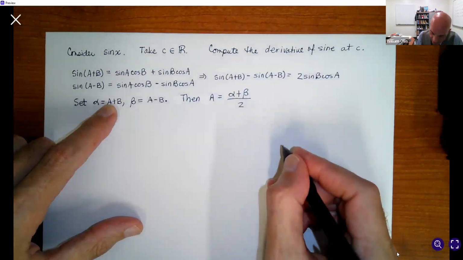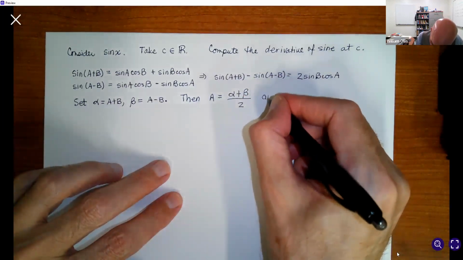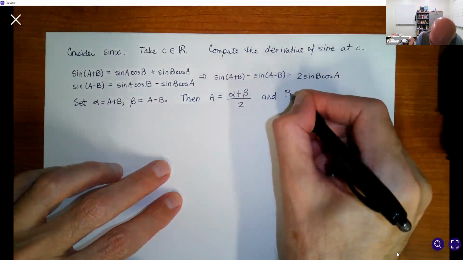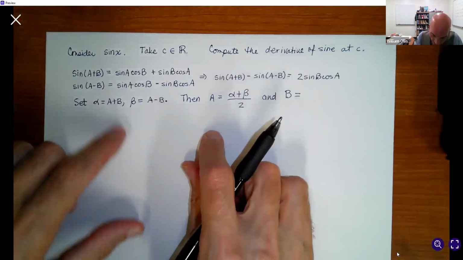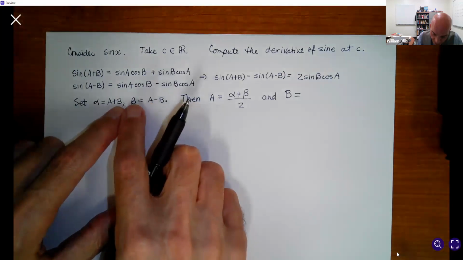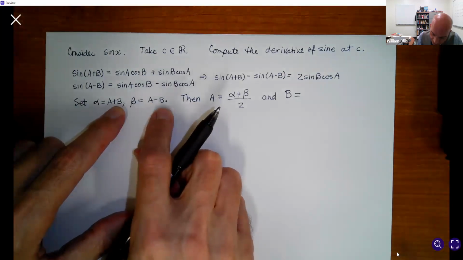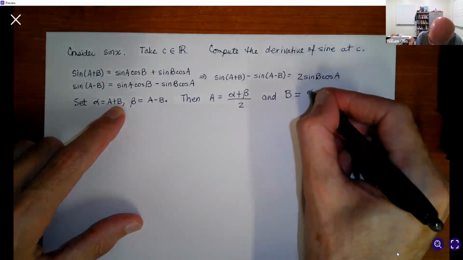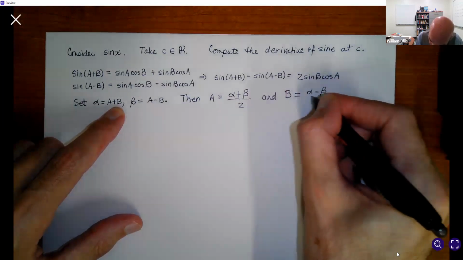Yeah, that's something we need. And B, for instance, now if we subtract alpha and beta, the A's absorb, and then we get B minus the negative B, which gives us 2B. So we'll say alpha minus beta divided by 2.